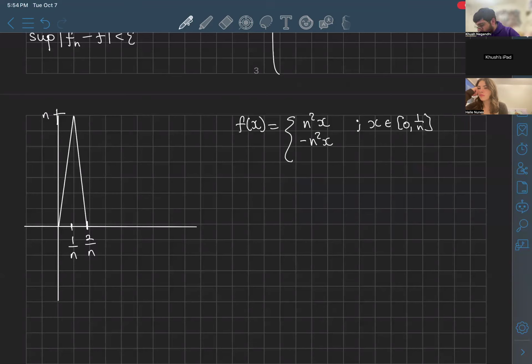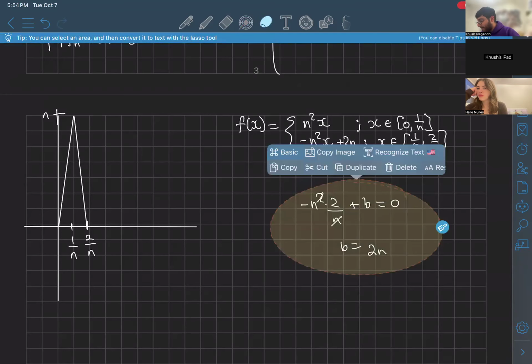If you plug in 2 over n, you should get 0: n squared times 2 over n plus b equals 0, so b is 2n. So this is negative n squared x plus 2n for x from 1 over n to 2 over n, and then it's 0 otherwise.